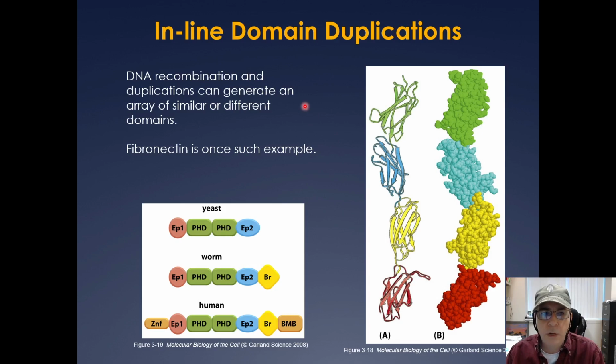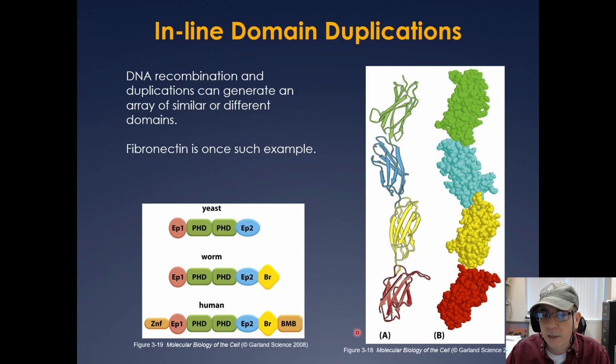And so what you end up getting are inline duplications that can lead to a repeat of the domain, or certain recombinations can put a gene next to another domain from another protein, and that can give rise to a whole new protein function, right? And as the amino acids change, the enzyme can evolve. Here's an example of fibronectin where you get this same domain repeated 4 times.